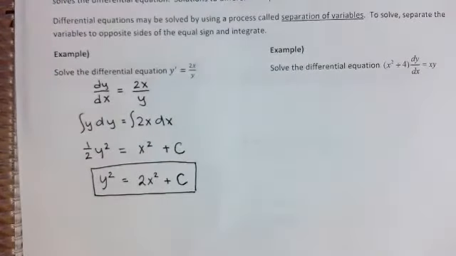Why would it not be 2c? Because C is a constant. C is a constant, so if I multiply it by 2, it's just another constant. It's not going to have any effect on the x.